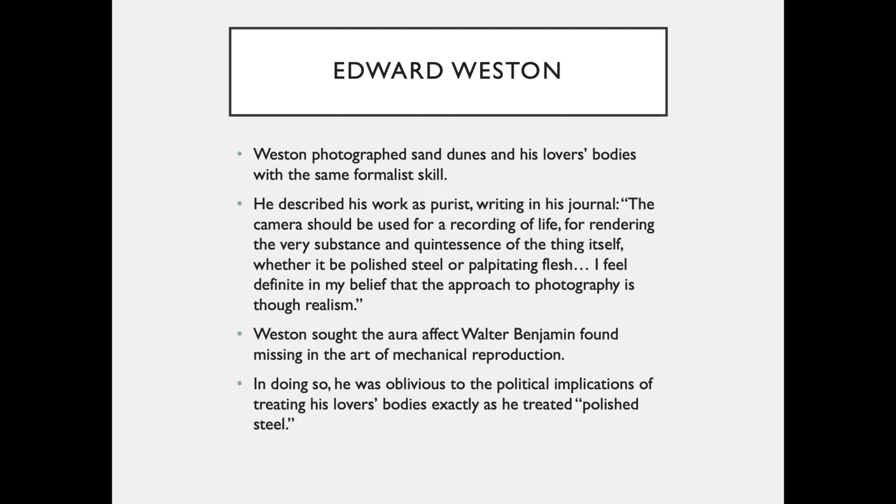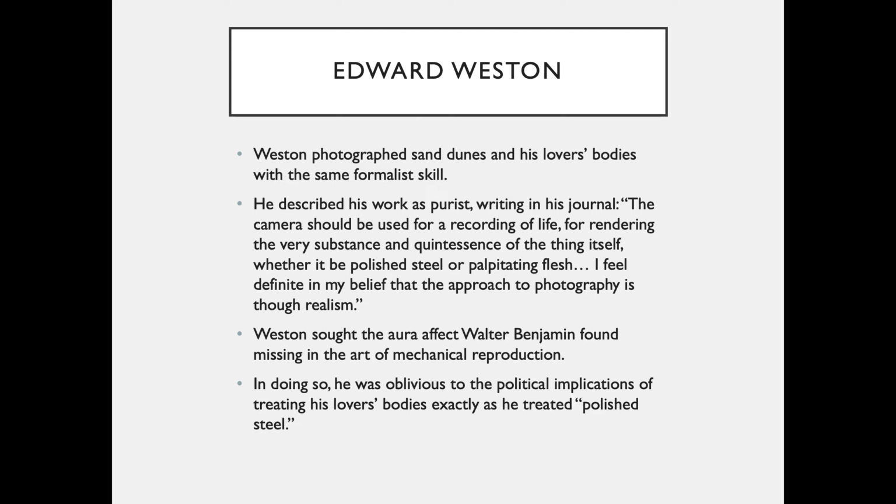He described his work as purist, writing in his journal, quote, "The camera should be used for a recording of life, for rendering the very substance and quintessence of the thing itself, whether it be polished steel or palpitating flesh. I feel definite in my belief that the approach to photography is through realism." Weston sought that aura effect that Walter Benjamin found missing in the art of mechanical reproduction.